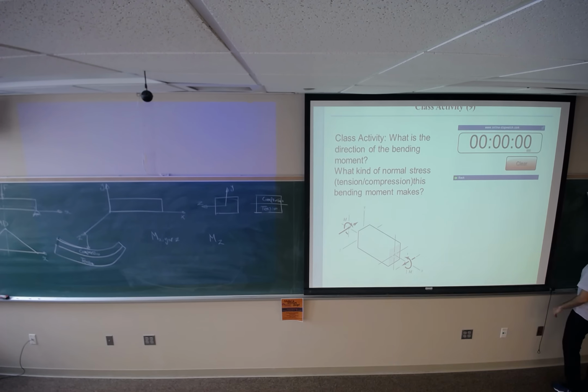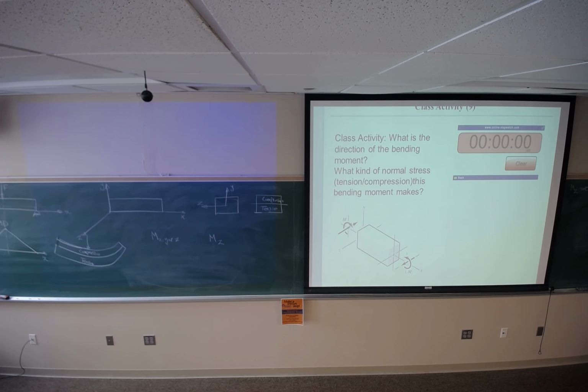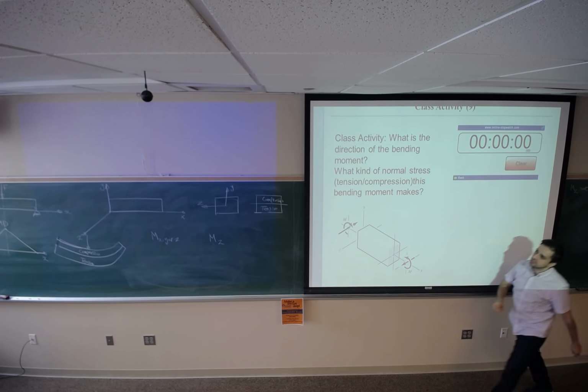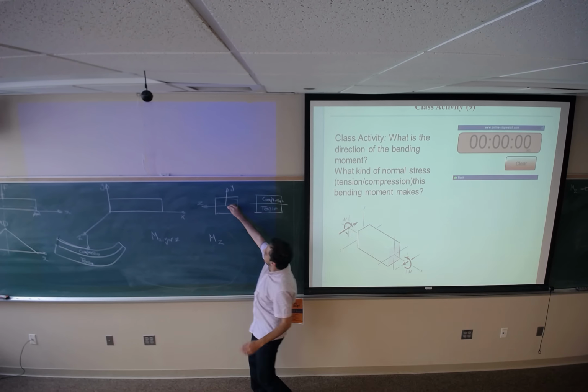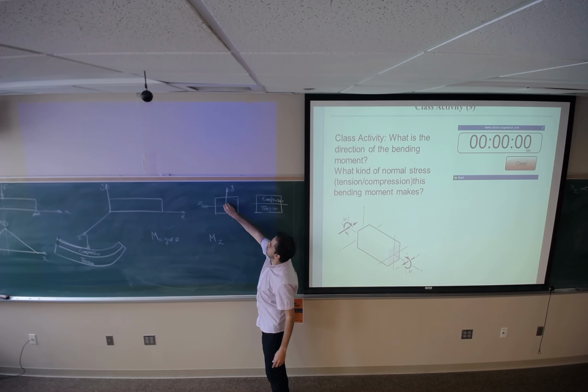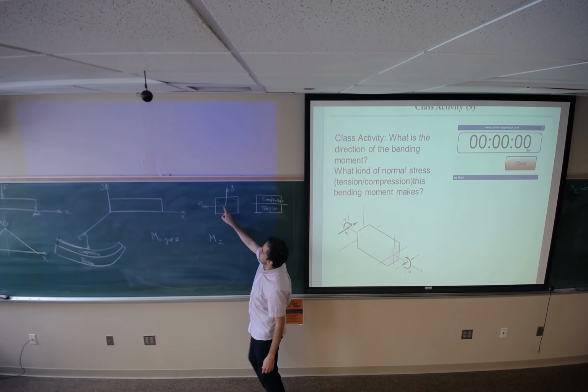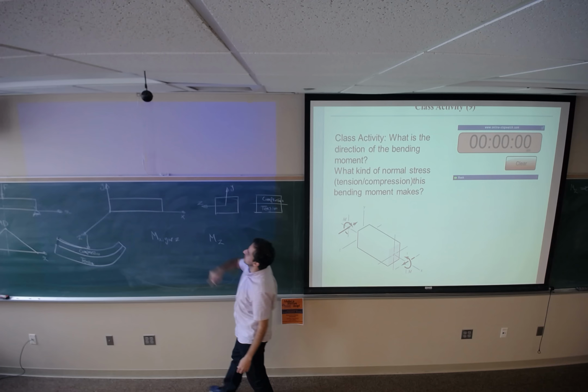So then we have MZ. It's going to generate normal stress, which has the direction of X, because normal stress is applied to the plane, coming out of the plane, and the plane has the axis of X.